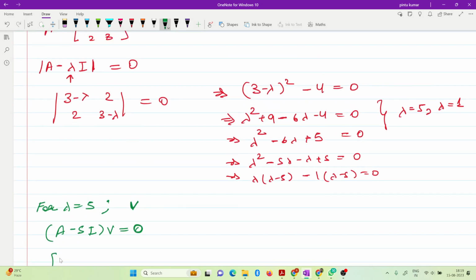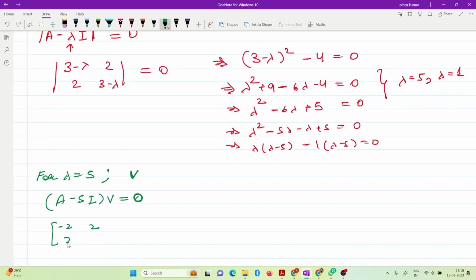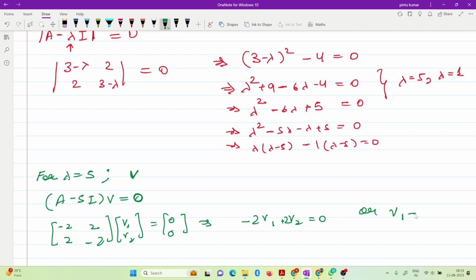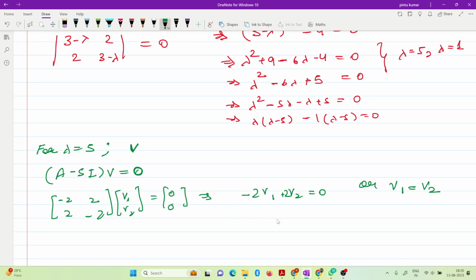This is 3 minus 5, I get minus 2, 2. Again I get 2, minus 2. This is V1, V2, let's call it. So this is 0, 0. So what does this imply? This implies that minus 2 V1 plus 2 V2 is 0, or V1 is equal to V2. So a choice for my V can be 1 comma 1.